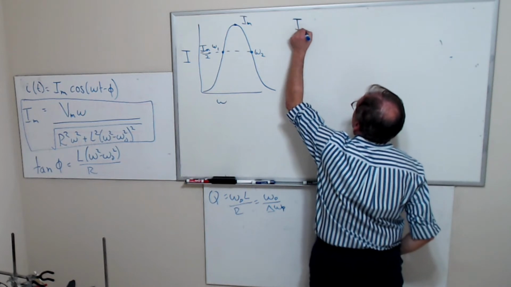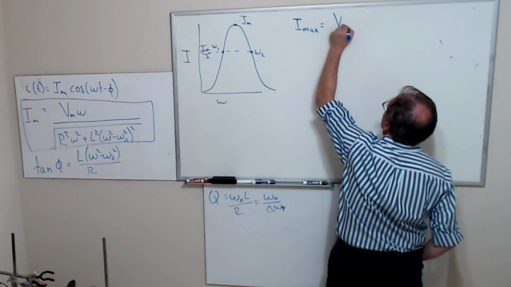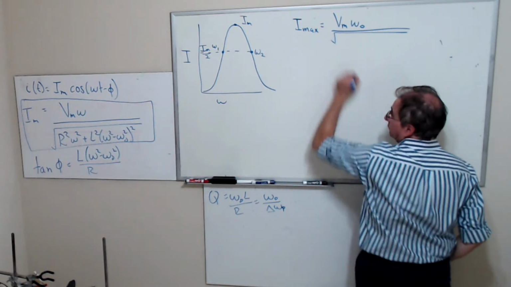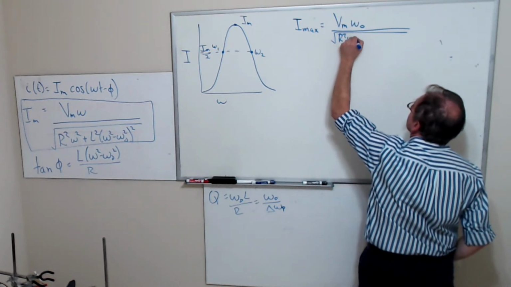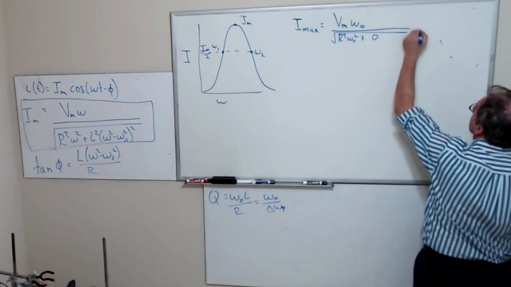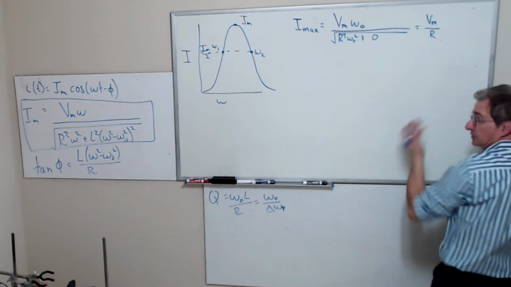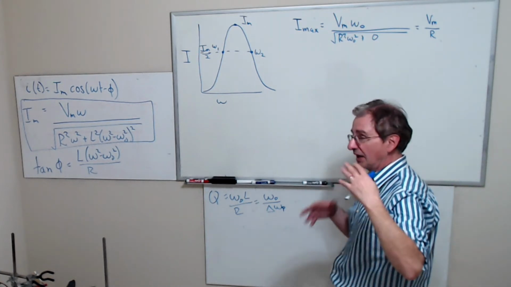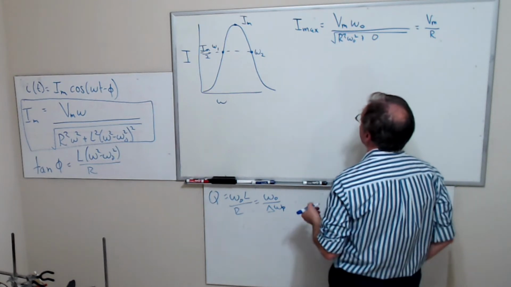So I max is V sub m omega naught over the square root of r squared omega naught squared plus 0. So this ends up being V sub m over r, which makes sense, right? Because the reactances cancel out.